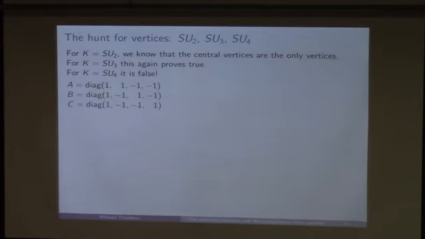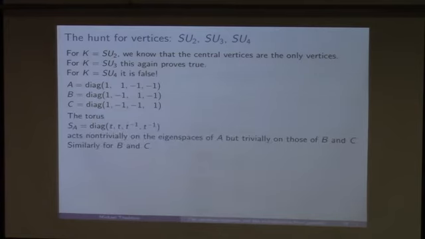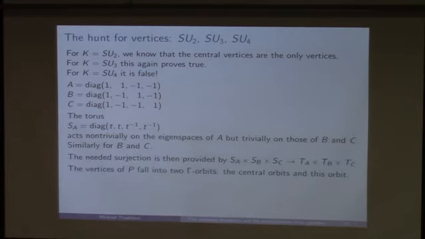I can find elements of those things that act non-trivially on the eigenspaces of the first one, but trivially on the eigenspaces of the latter 2, and so on, right? Namely, this torus. So that's what makes it a fixed point. And if you think about the case of SU4, you see that this is the only other orbit of the vertices. Once you understand the central vertices and you understand these vertices, then you have them all.